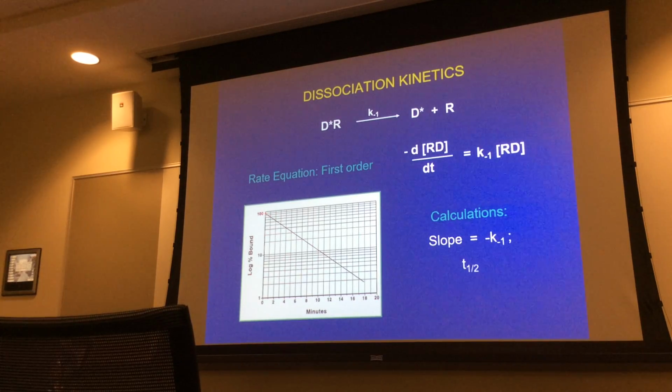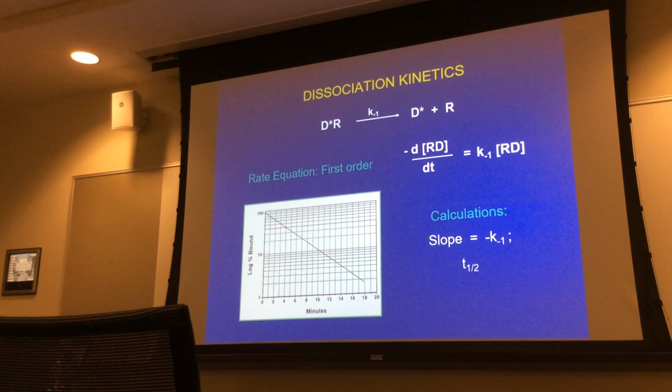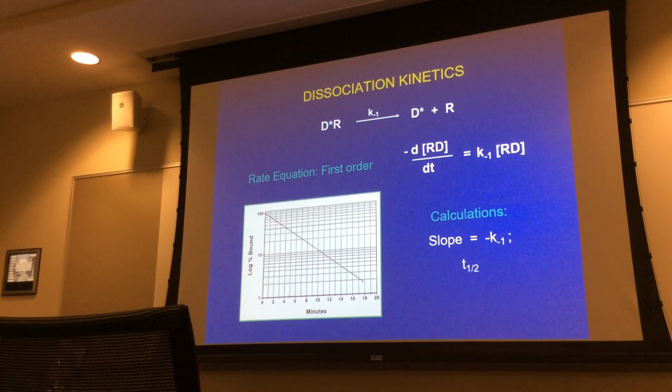So you start out at 100% bound, and then the drug receptor complex dissociates. And as you can see it go down, it looks linear here, but it's only linear because it's logarithmic on the y-axis. If you plotted this arithmetically, it would be an exponential curve. It would start going down very fast and then even off at the very end.